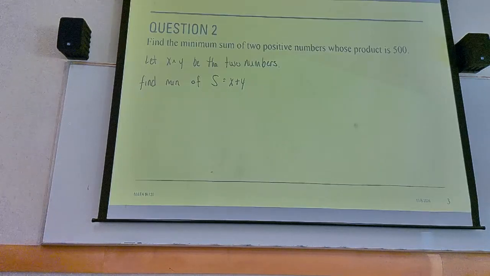We're trying to find the minimum value of x plus y, let's call that s. Given a constraint, actually we're given two constraints. Product is 500 and both numbers have to be positive.